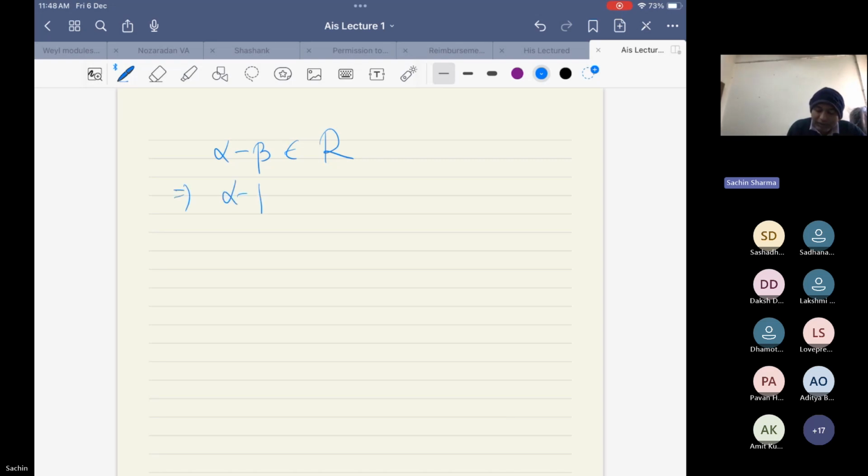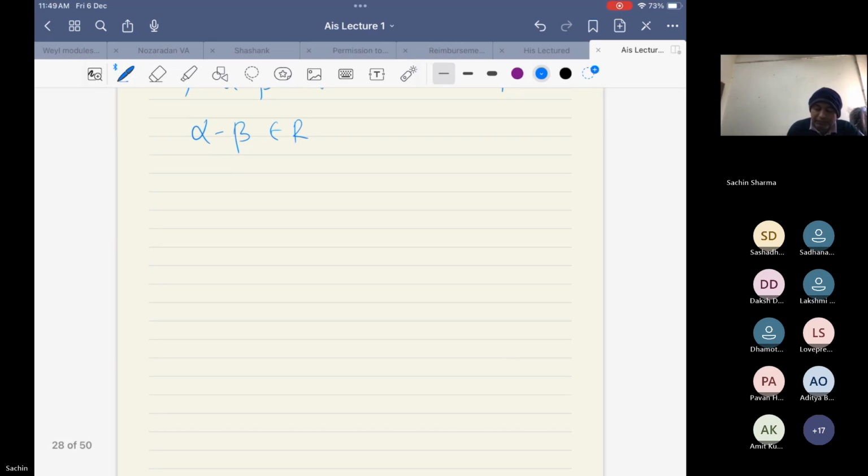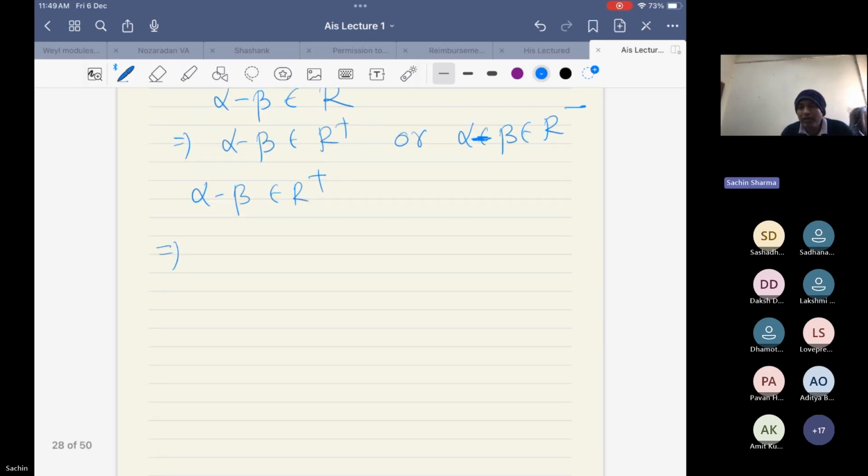Either this will be a positive root or a negative root. But what happens if it is a positive root? It means alpha minus beta is some gamma belonging to R plus.